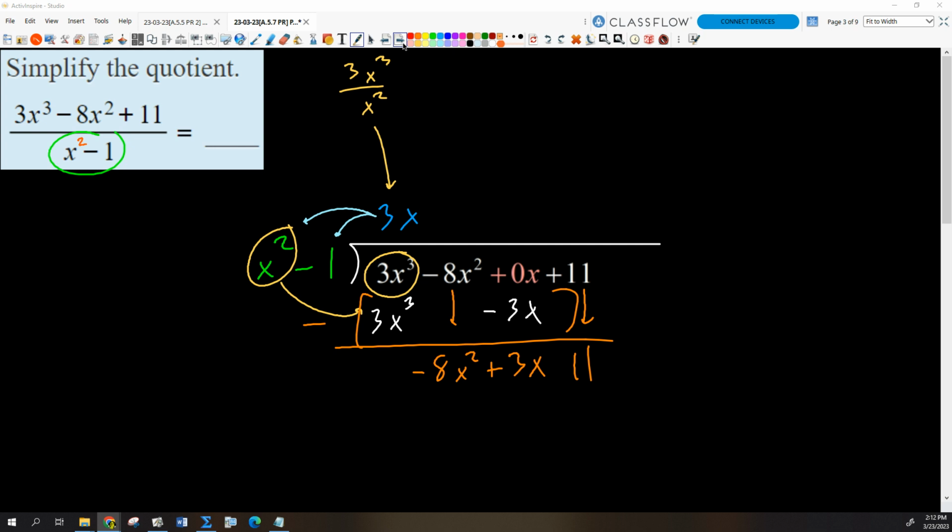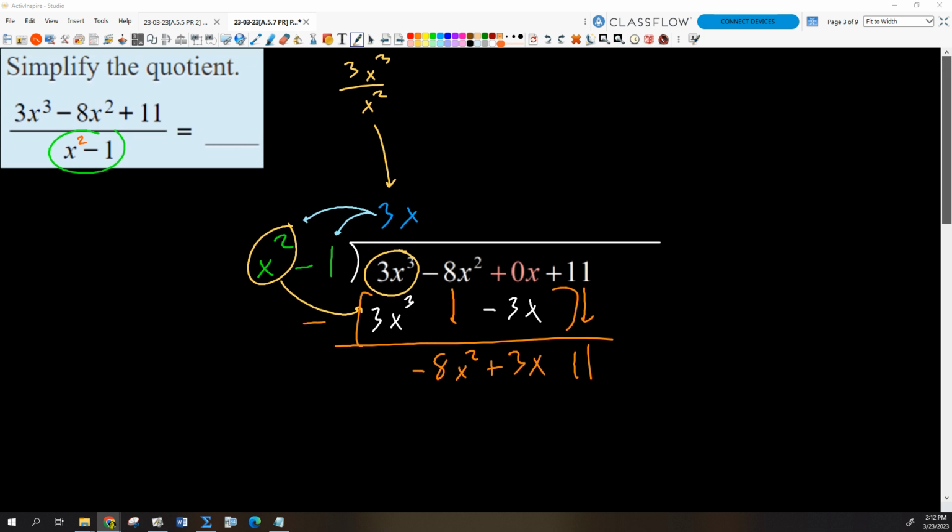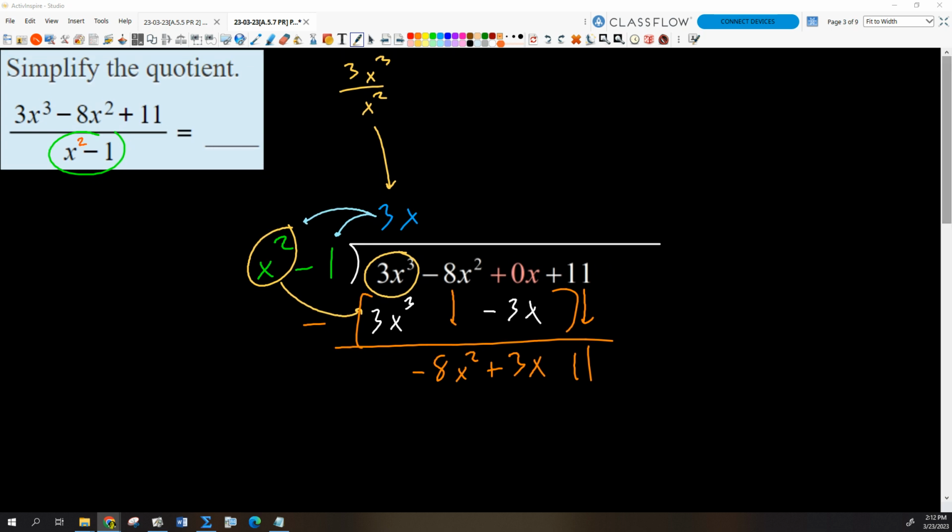Okay, so now we finished round 1, and then we just reset and start again, right? So what do you think we do next? Oh, negative 8x squared divided by x squared. We do the same thing again, right? So then we get negative 8x squared divided by x squared is just giving us negative 8, right?